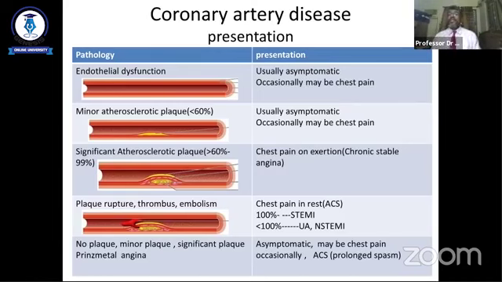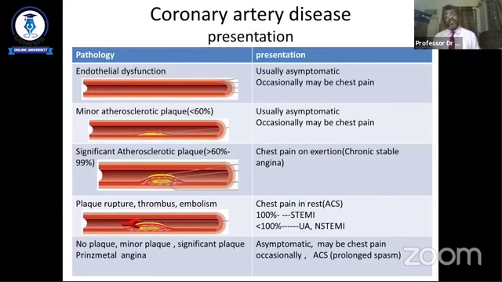Or if there is increased demand, like cardiac muscle hypertrophy, as we have seen in left ventricular hypertrophy due to aortic stenosis, or in patients with hypertension, especially uncontrolled hypertension, that may lead to left ventricular hypertrophy. Any pathology may also lead to right ventricular hypertrophy.